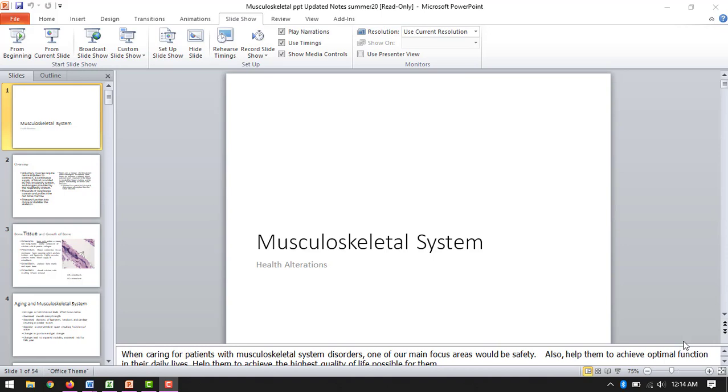All right, so musculoskeletal system. The main point that I want you guys to take out of this, well, maybe I can get the slide up right. There we go. The main part that I want you to take out of this is the biggest concern with issues with the musculoskeletal system is safety.